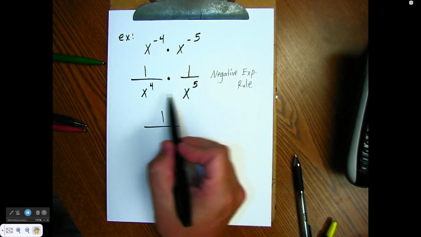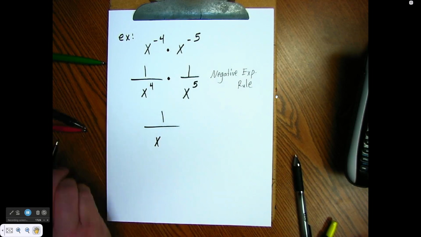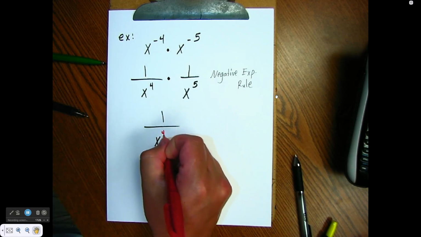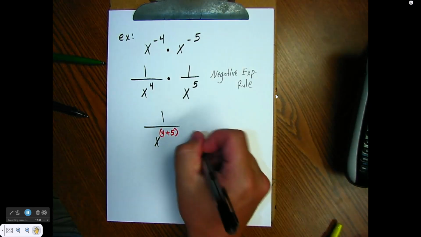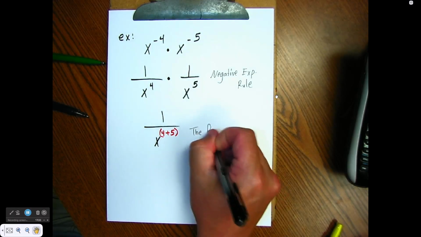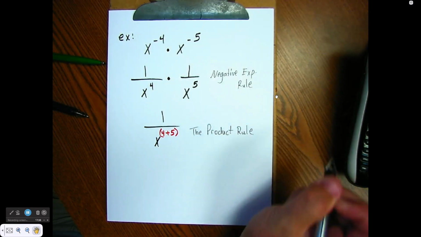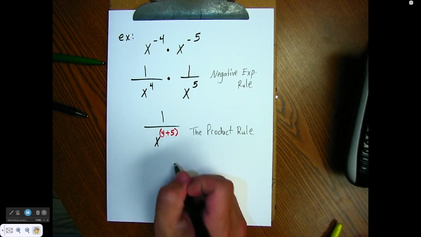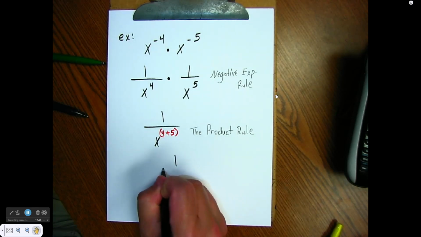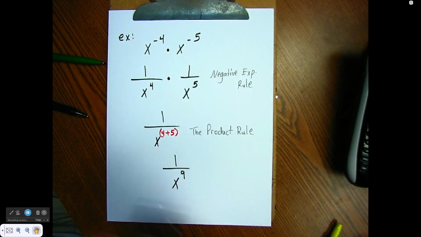But on bottom, I'm multiplying like bases, and this is going to be x to the 4 plus 5. And that was the product rule. So yes, you could use multiple rules inside one problem, giving me a final simplified expression of 1 over x to the 9th power.